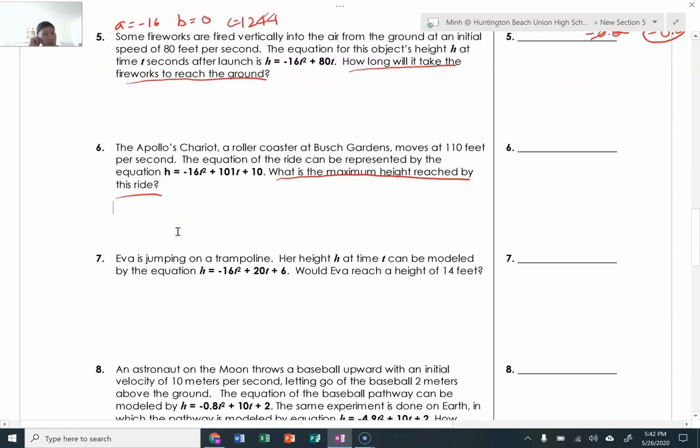Number 7, I just want to bring up again. Keep in mind we're not doing number 8, but for number 7 it says Ava is jumping on a trampoline, and they give you the equation h is equal to negative 16t squared plus 20t plus 6. I think the question is supposed to say, would Ava reach a height of 14 feet? So you're going to have to plug in 14 back into negative 16t squared plus 20t plus 6.